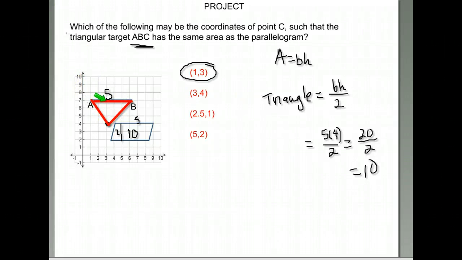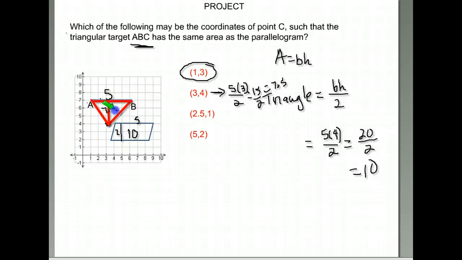Now the height has to go directly from the base to the point, and it needs to make a right angle. Okay, so that would be our height. How high is it? 1, 2, 3 units high. So if I found the area of the triangle from this point, the base is 5, the height is 3, base times height divided by 2 gives me 15 divided by 2, or 7.5. Okay?